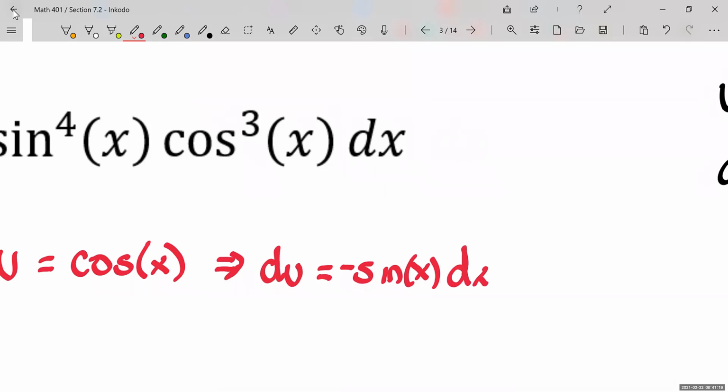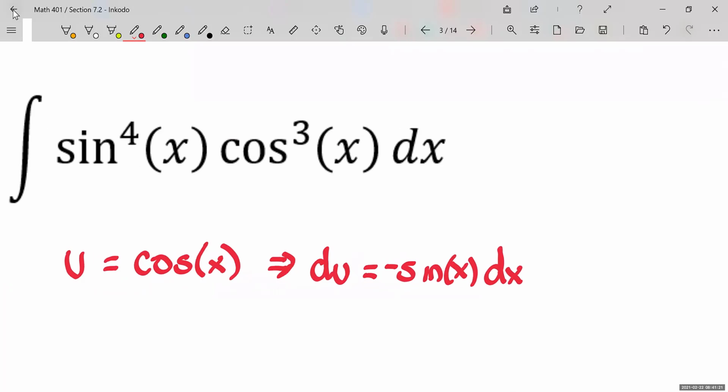What I'm more concerned about is when I steal away a power off of the sine, will it be an even power that's left over? And the answer there is no. That will reduce our integral down to an odd power on that sine, and I don't want that. I'd be left with the negative integral of sine cubed, because our substitution steals away a single power of that sine.